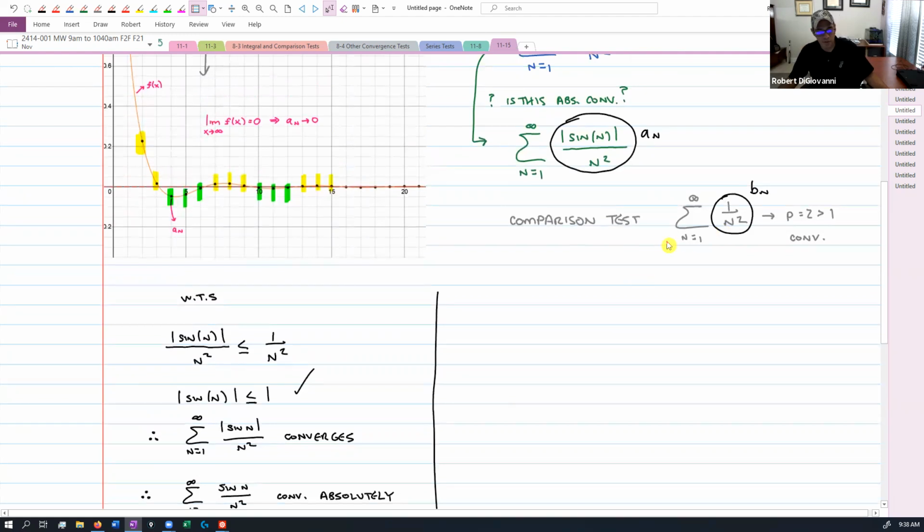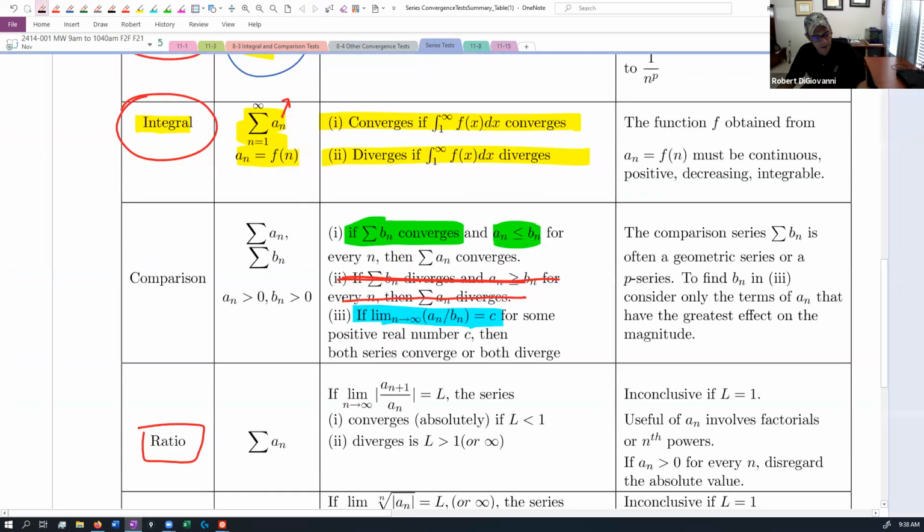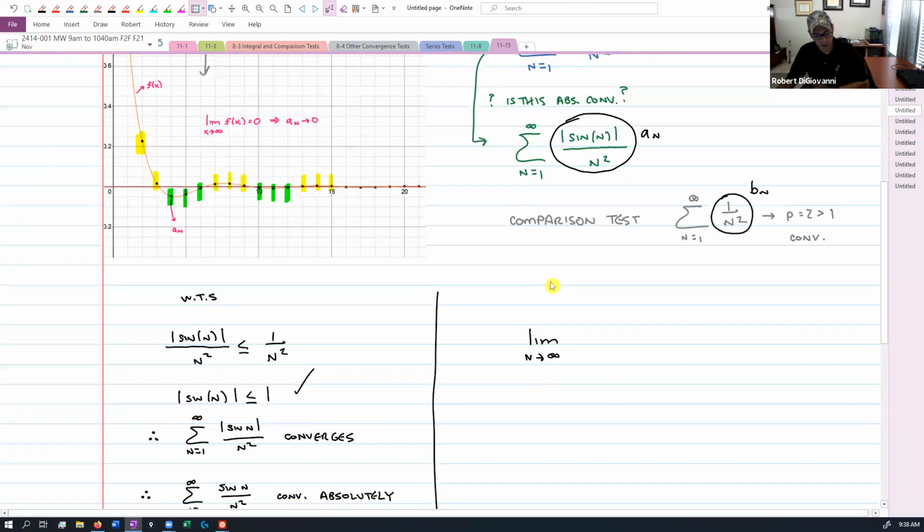Now, the other option would have been, instead of doing the inequality, we would just do the limit as n goes to infinity. So I'm going back to this test here. I would be doing this part instead: take the limit as n goes to infinity of a sub n over b sub n.